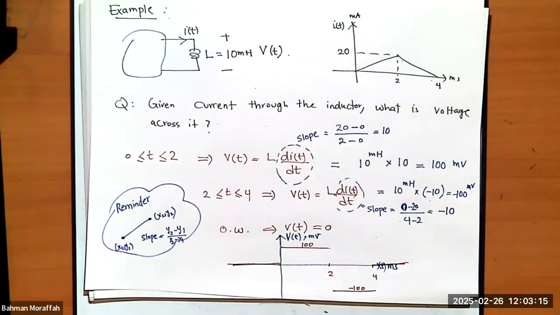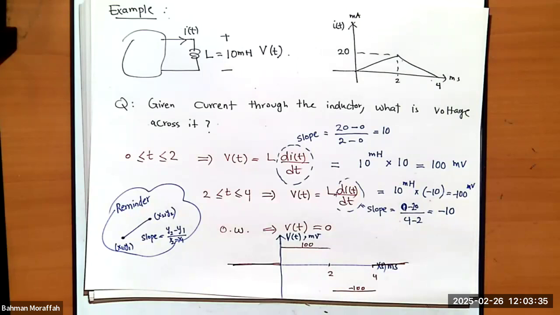So next lecture, we're going to start analyzing circuits using these things that we learned. But keep that in mind. All the KVLs and KCLs that we learned before still hold. The only thing that changes is the relationship between i and v.